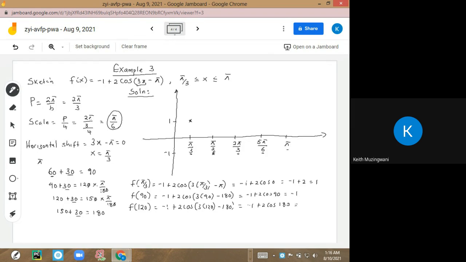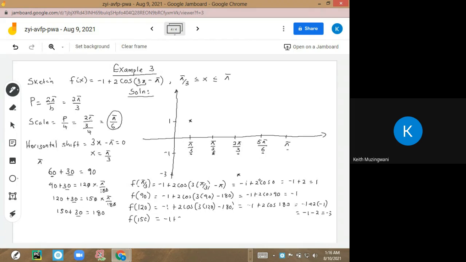And what is cos 180? It is negative 1. So we get negative 1 minus 2, which is negative 3. So we have negative 3 against 2 pi over 3.